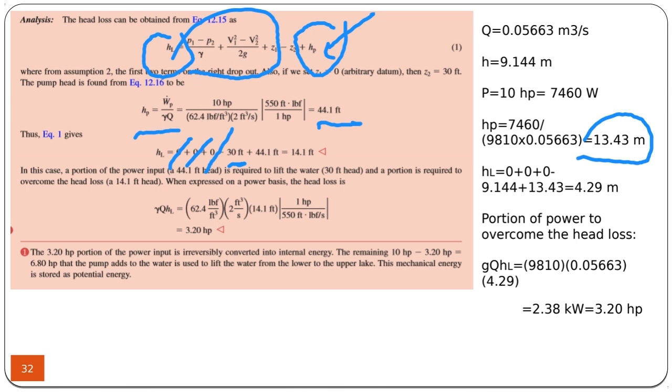So if you calculate the loss, you get 14.1 feet or 4.29 meters of water.